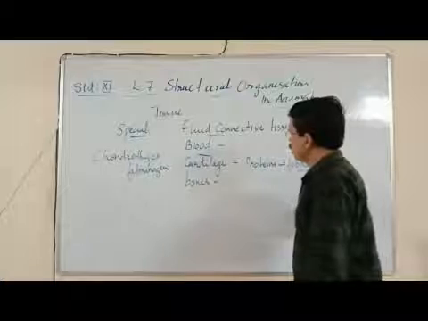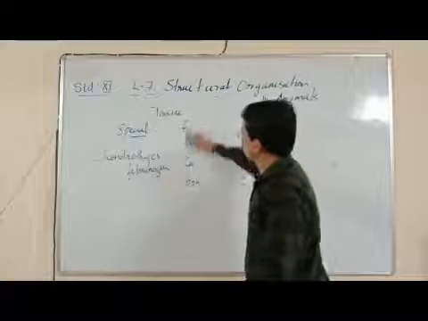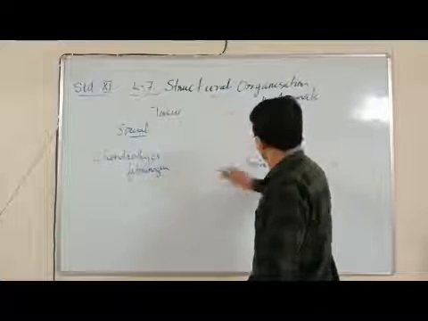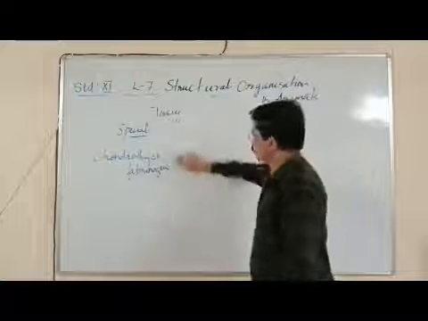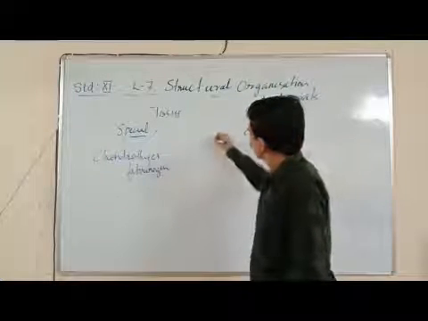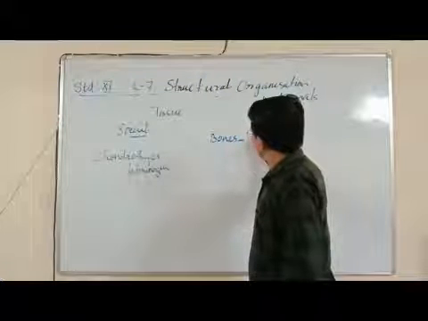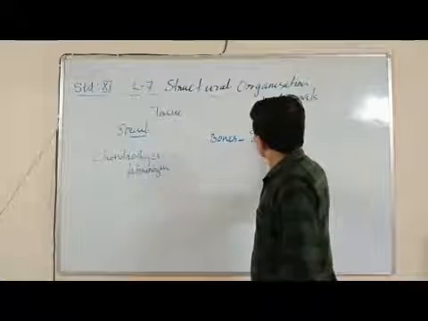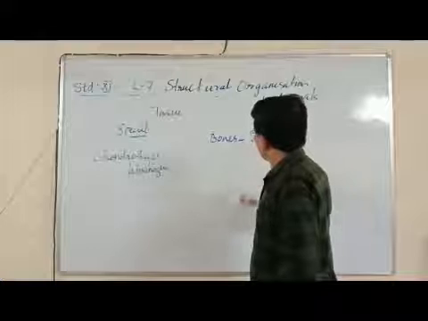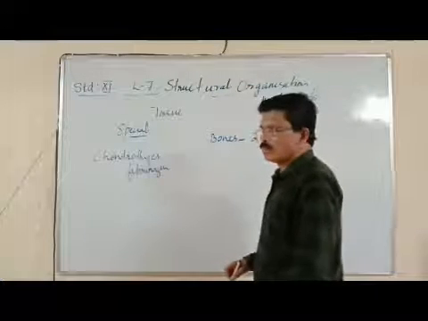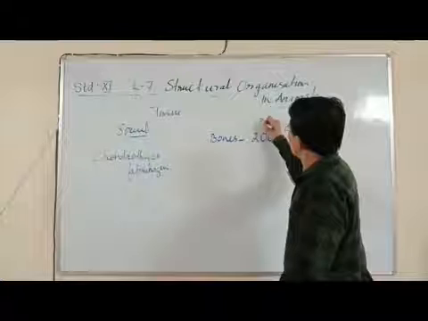Now the last special connective tissue, that is bones. There are 206 bones in the adult. But when a child is born, it may be 300.